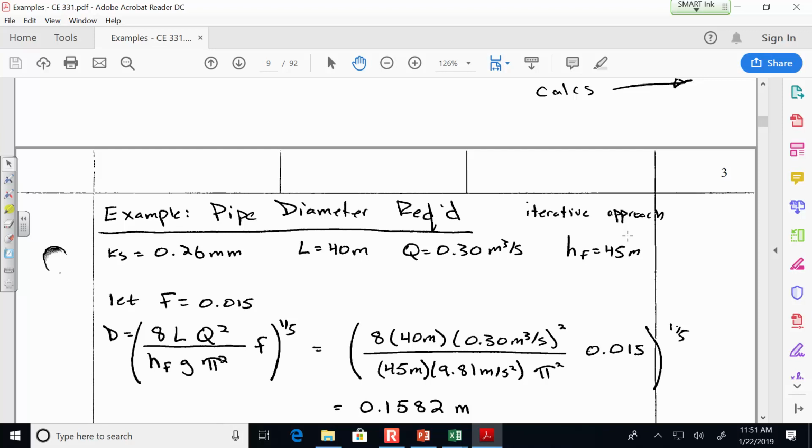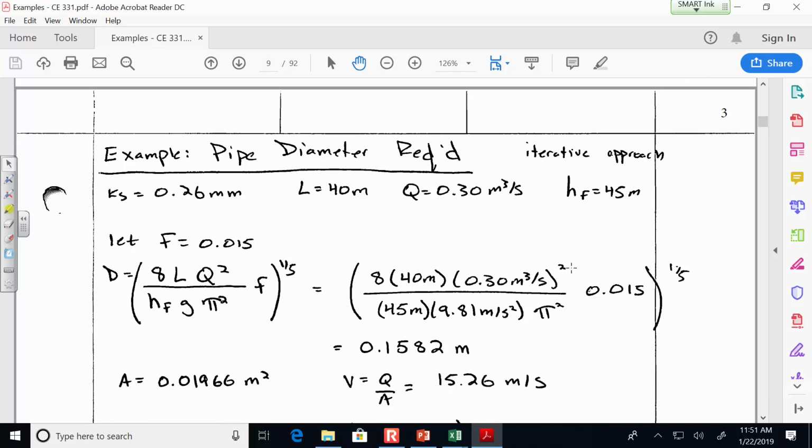Good, that's right. 0.158 meters. So if that was the diameter of the pipe based on this guess F value, then we can also calculate the cross-sectional area that arises out of this diameter.